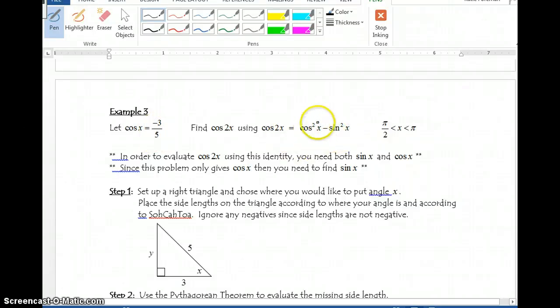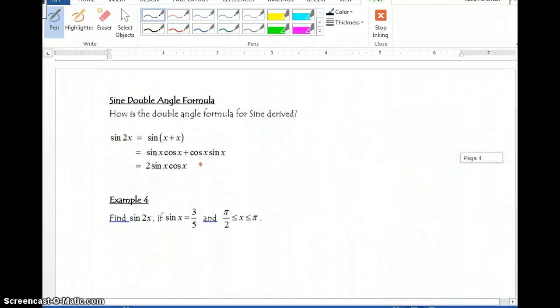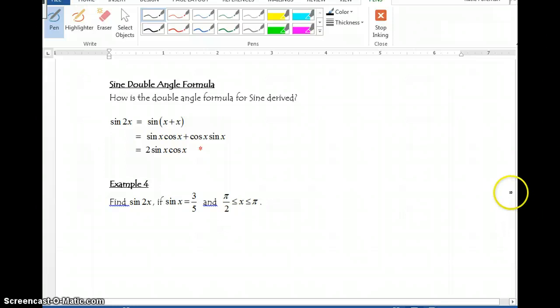So if I tell you to use cosine squared minus sine squared, well, you have the cosine element, but you need the sine value. In order to do that, we would set up a right triangle and use our Pythagorean theorem. So example 3, again, is a step-by-step worked out solution. So please read that over and be able to use it in the homework problems.